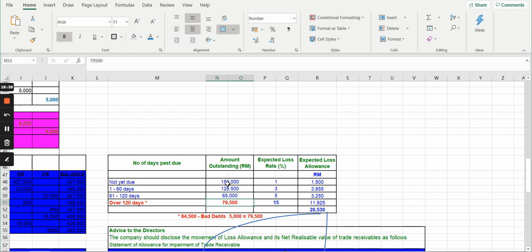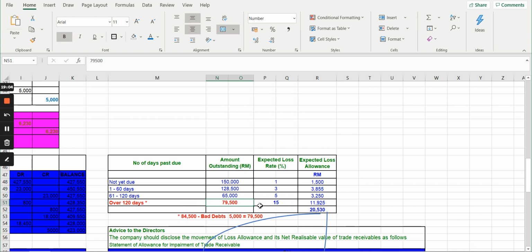So after you have done that, for the first 3 rows, you will get the percentage multiplied with the amount outstanding in the accounts receivable. 3% will be 3,855, 5% will be 3,250, and for 15%, you shouldn't multiply with 84,500.